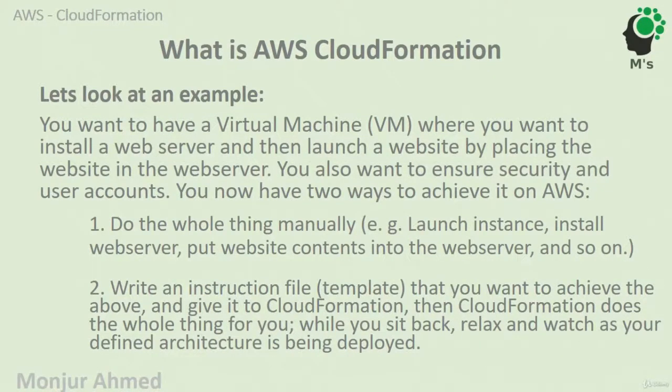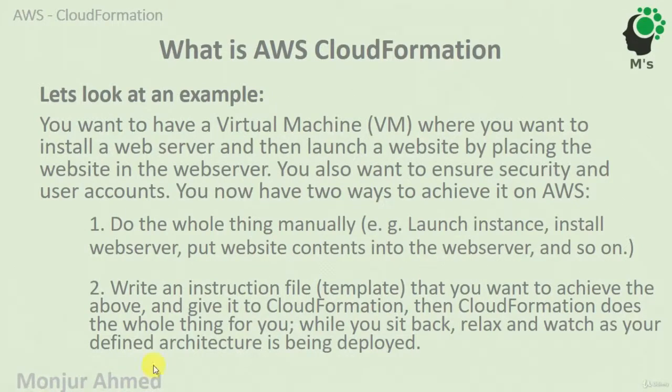So you feel that you have automated a lot of tasks, and we'll see later on that CloudFormation has a lot of advantages. One of the biggest advantages is that when you automate tasks by giving the template to CloudFormation, you eliminate the possibility of human errors.